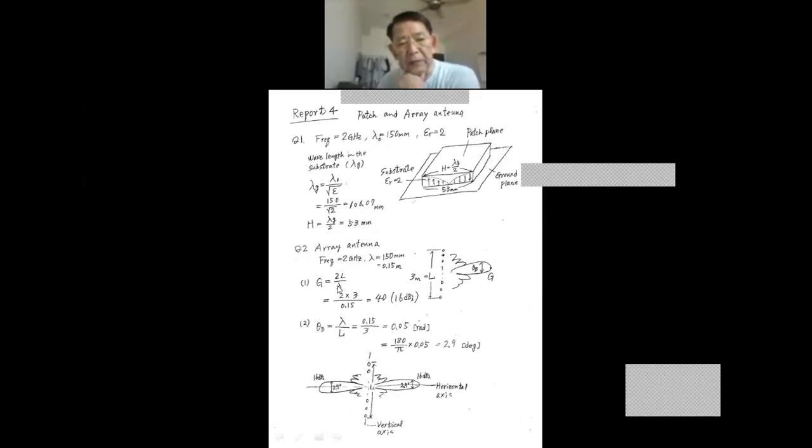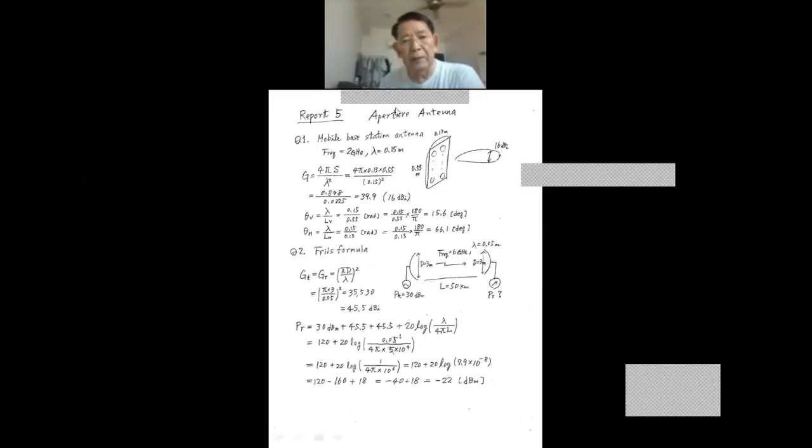In the case of a linear antenna, the gain expression is very simple. Only the total length is considered. However, in the aperture antenna, horizontal and vertical size should be taken into the calculation.